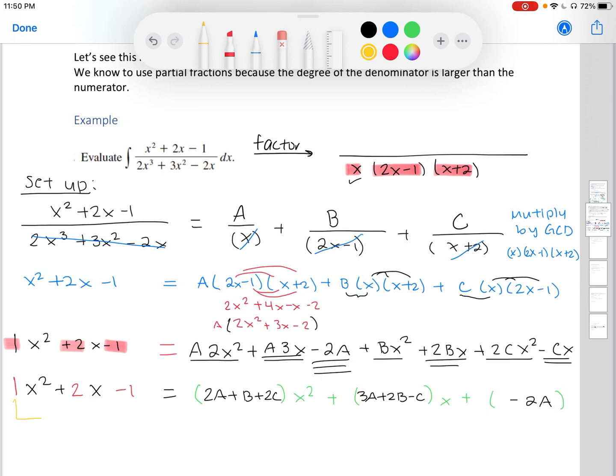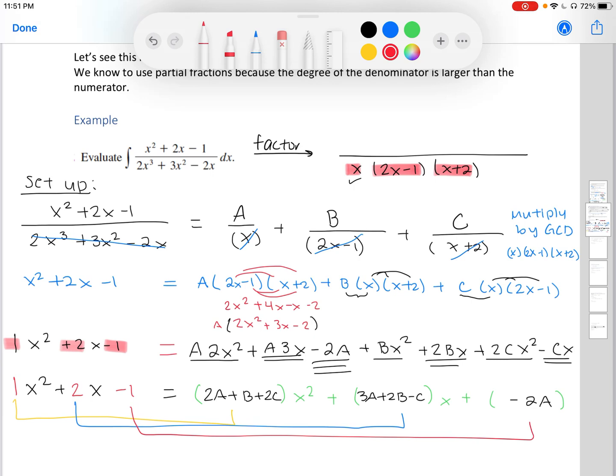So we're going to group that 1 with that 2a plus b plus 2c. That 2, since it's paired up with the x, we're going to pair the other one that has the x. And lastly, the negative 1 with the constant.